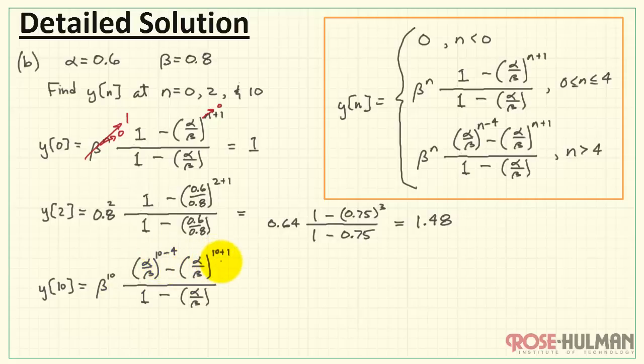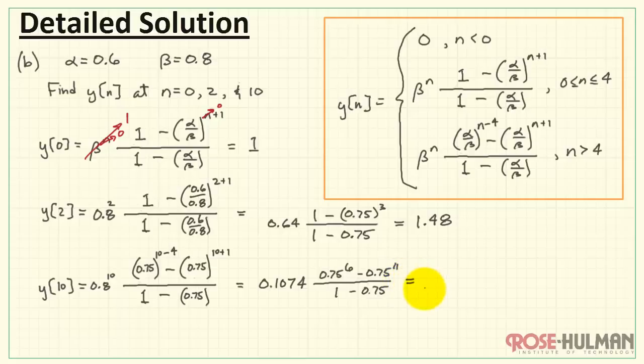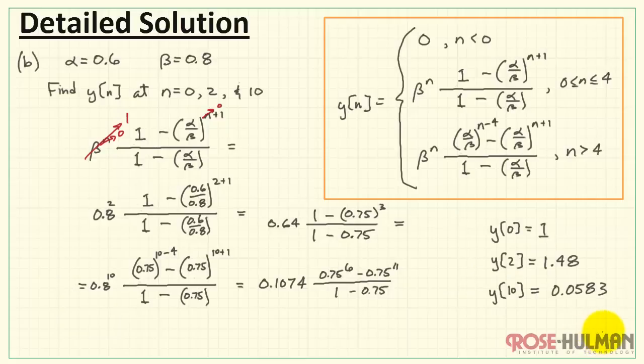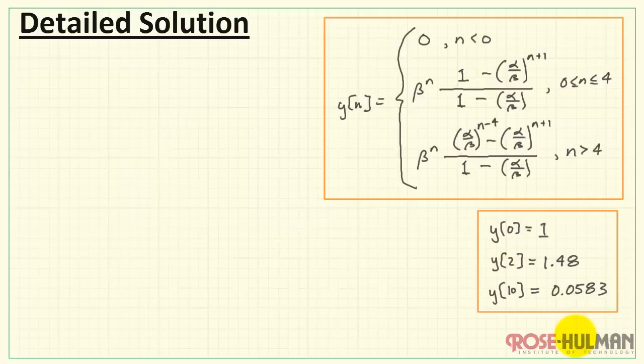Again, I'll put in my specifics for n, and specific values for alpha and beta lead to 0.75. And my calculator gives this value right here. Collect all those results together, and that's my answer for part B.